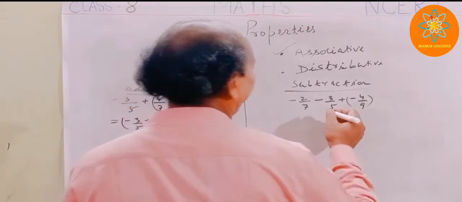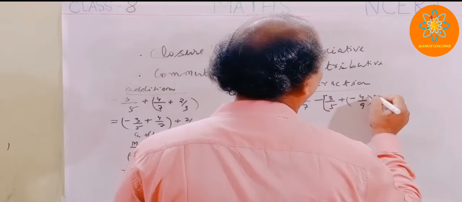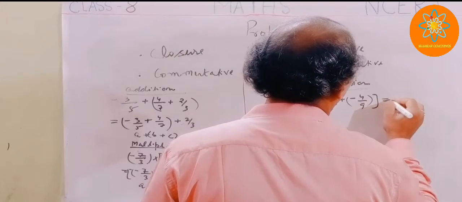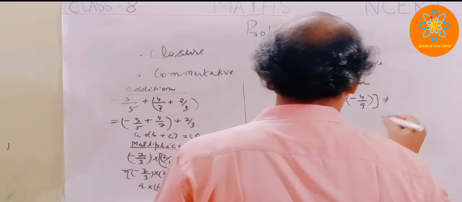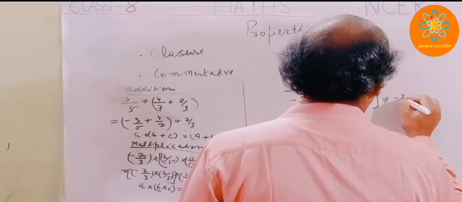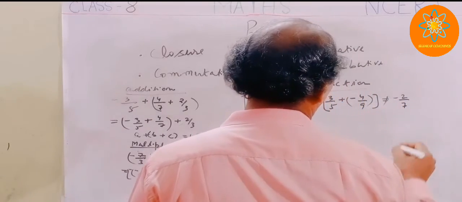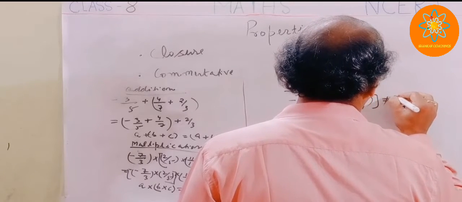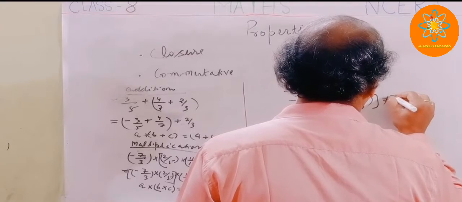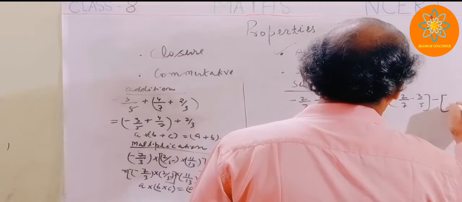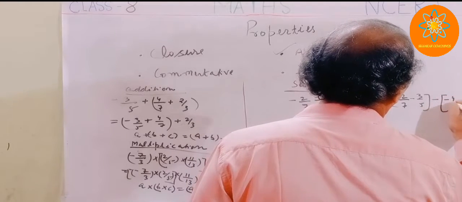If I subtract the first two and then the third, this is not equal to minus 2/7 minus the difference of 3/5 and 4/9, taken altogether.